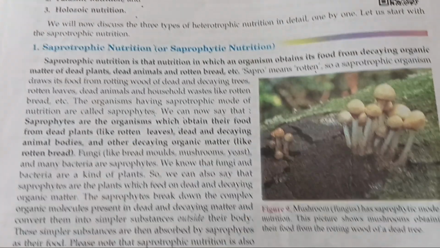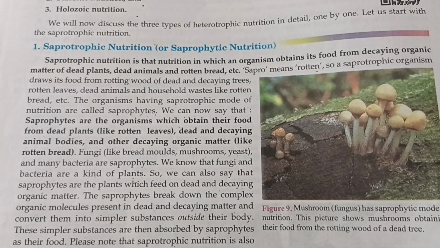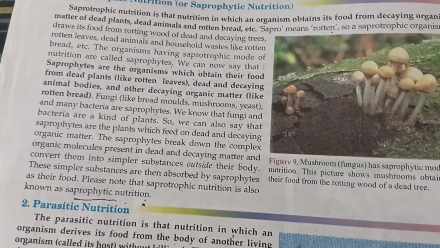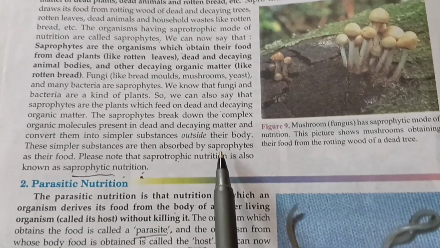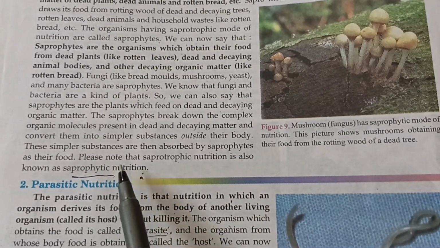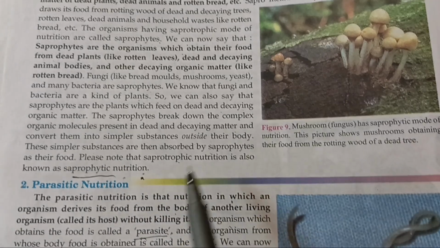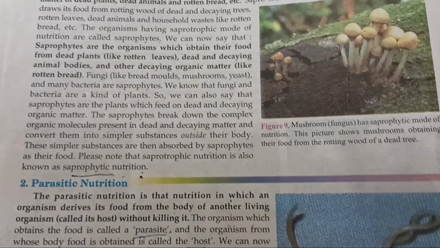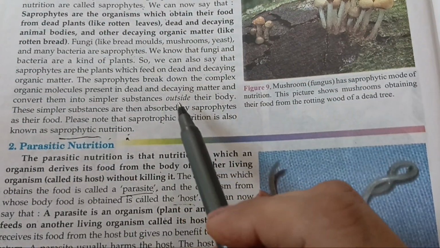These simpler substances are then absorbed by the saprophytes as their food. They don't have a digestive system. Saprotrophic nutrition is also known as saprophytic nutrition, right? So I hope you got this topic.